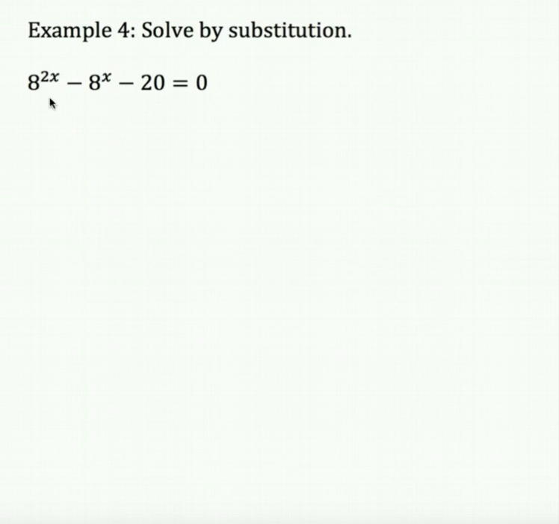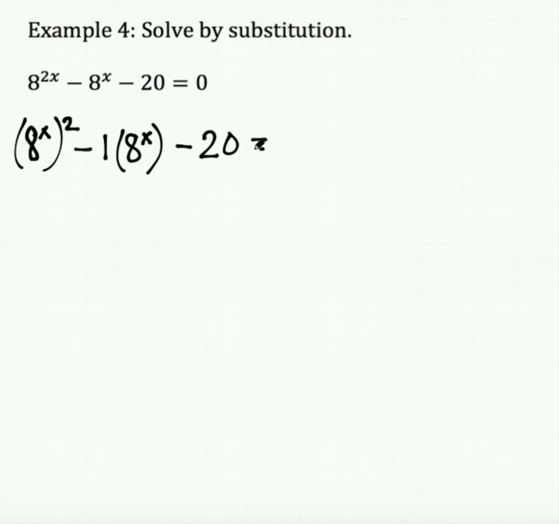So right now I have 8 to the 2x minus 8 to the x minus 20 is equal to 0. I'm going to rewrite it as 8 to the x squared minus 1 times 8 to the x minus 20 is equal to 0. And I did that so that you can see I have 8 raised to the x and 8 raised to the x.